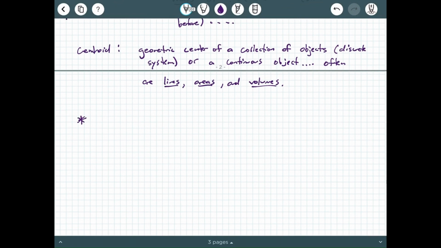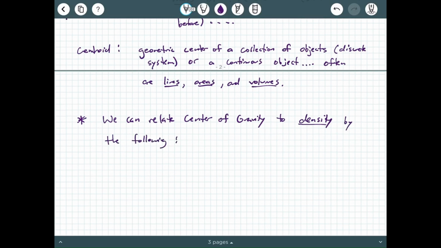I'm going to say we can relate center of gravity to unit weight.